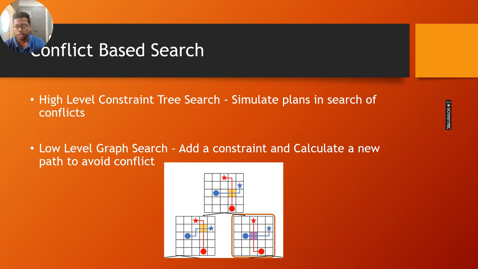Like here, the yellow shade shows a conflict, and the purple shade shows a resolved conflict. Whenever we find a conflict, we then use the second level, the low-level graph search, add a constraint, and calculate a new path to avoid the conflict, and then it repeats.